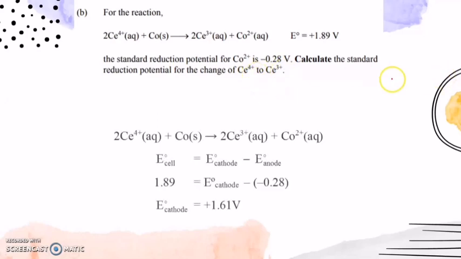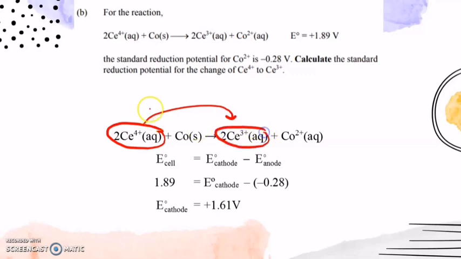For this equation, we have to identify which is anode and which is cathode by looking at the reaction given. 2Ce4+ produces 2Ce3+, which indicates it undergoes reduction, so it is our cathode. While Co solid produces Co2+, which indicates it undergoes oxidation, so it is our anode.